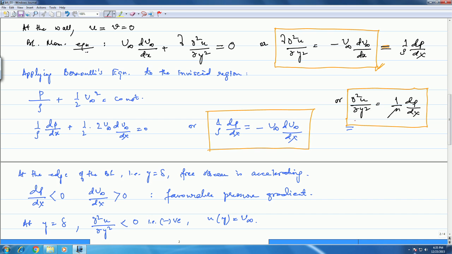So we are looking at the value of ∂²u/∂y², which depends on, as you can see, the pressure gradient as well as the free stream velocity gradient.